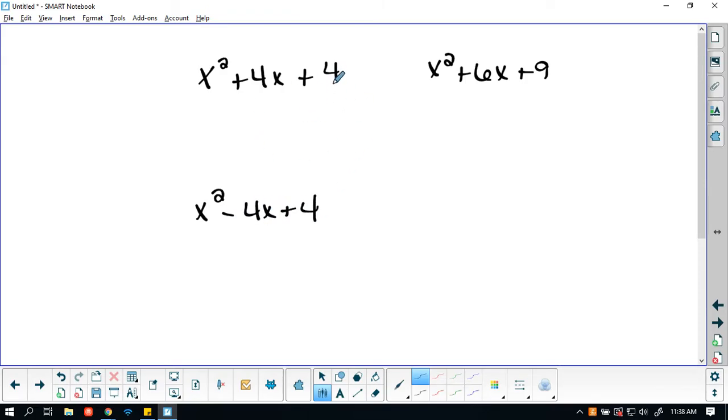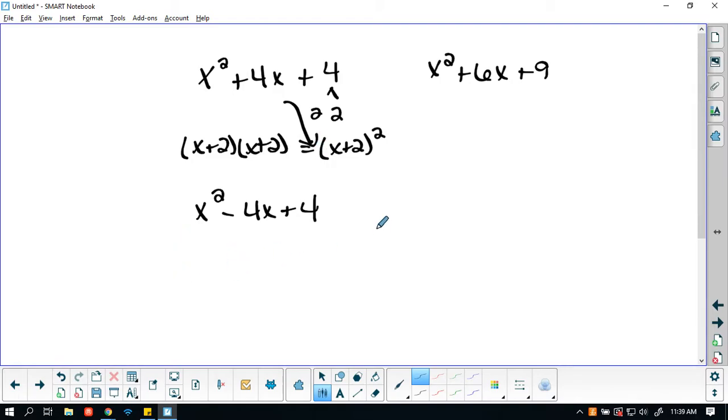Because in these cases, these factors are 2 and 2, which gives us x plus 2 times x plus 2, or x plus 2 squared. All right, so this is considered a perfect square trinomial because when we factor it, we get a perfect square.